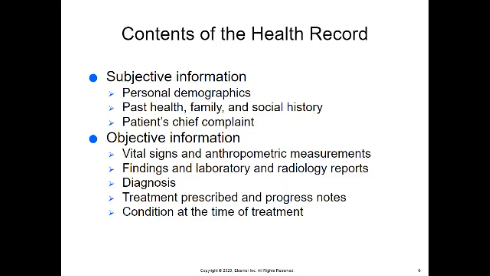Objective information is information through the provider's questions and observations made during the examination. So that is a good way to help remember. Subjective is what the patient's providing, and objective is what the doctor observes during the examination or questions that's being asked.